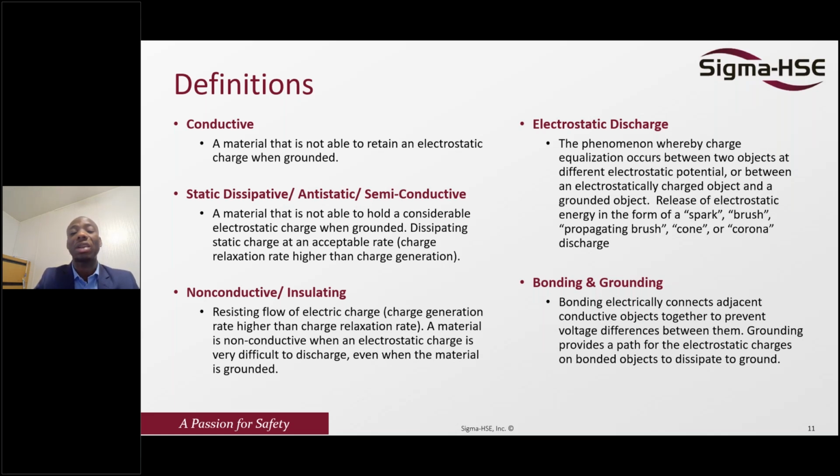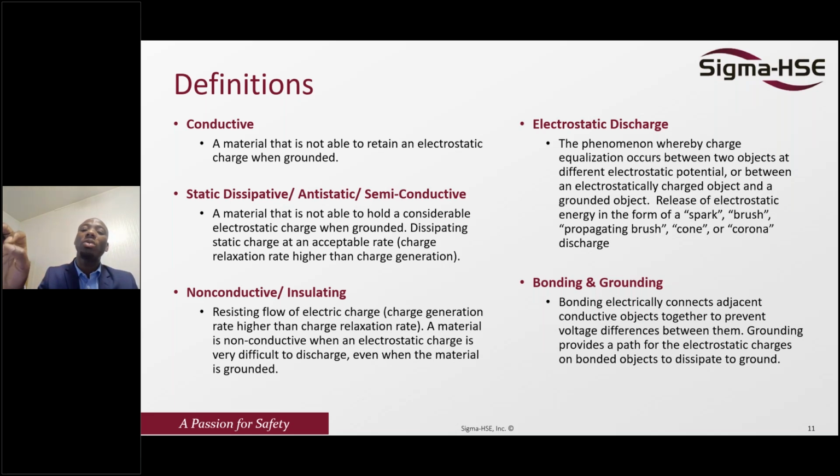Also, we need to understand another term, electrostatic discharge. Discharge means the transfer of charges. It's the phenomenon whereby charge equalization occurs between two objects at different electrostatic potential, that is, between an electrically charged object and a grounded object. A typical example: I have one metal A and another metal B. Both of them have different electrostatic potential.